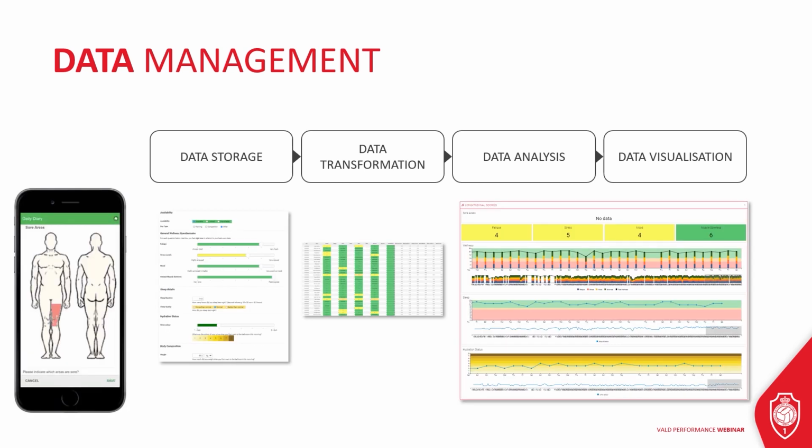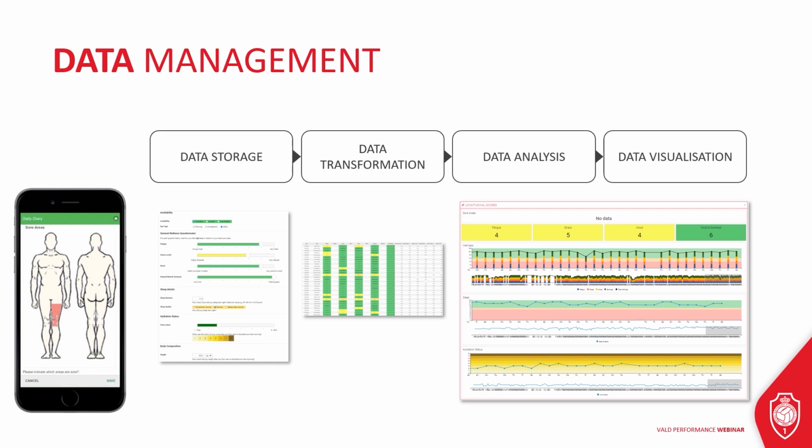Another example here for the data, the players fill in themselves on their smartphones. For instance, the wellness questionnaire. Players answer the question on the smartphone. Data pulls through automatically to the system. This data will be transformed into bigger spreadsheets where we can add, of course, again, the color coding.